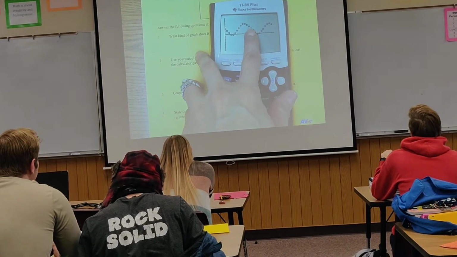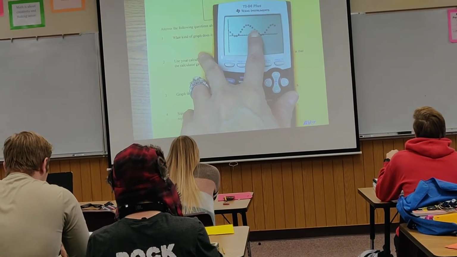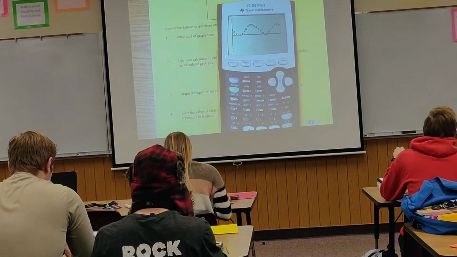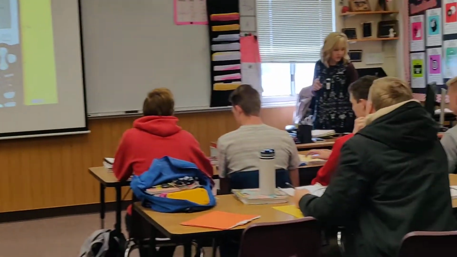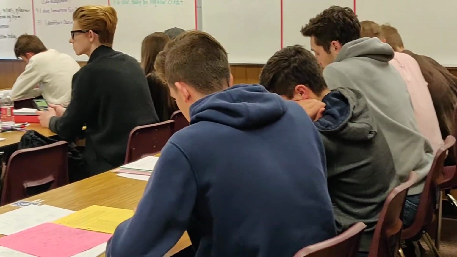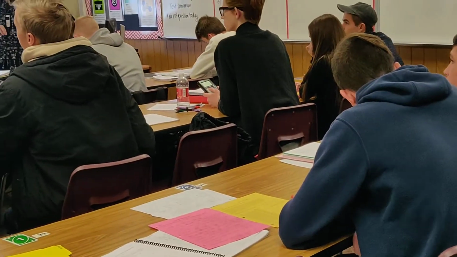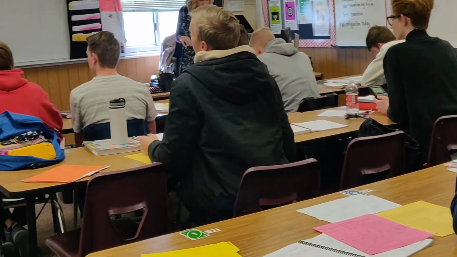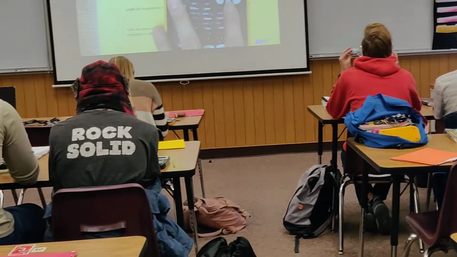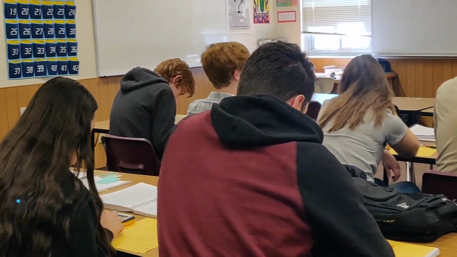Maybe right there? 13 or 12-ish. I'm going to say 12. You could try 13 and see what kind of curve you get. So I'm going to go back to stat, calculate, and find your sine regression. I'll use 12. Some of you want to use 13, that's fine.